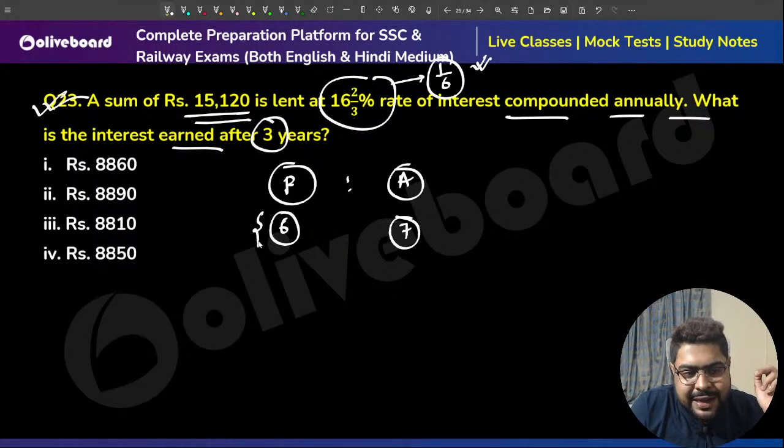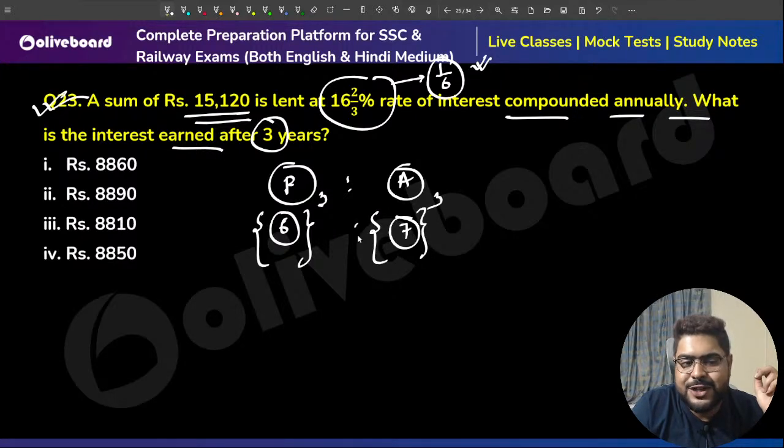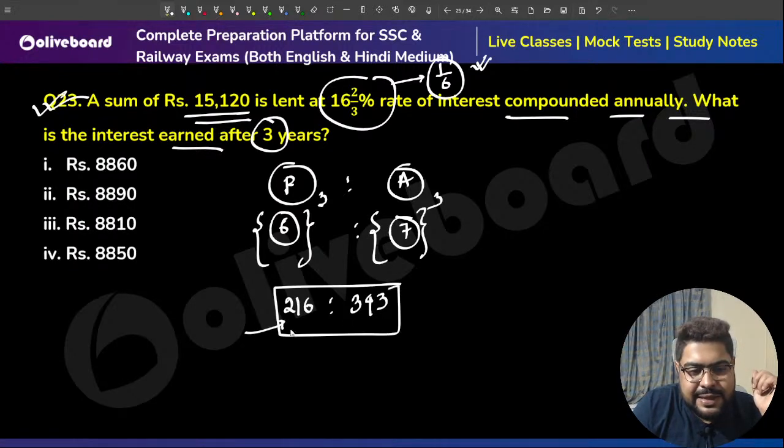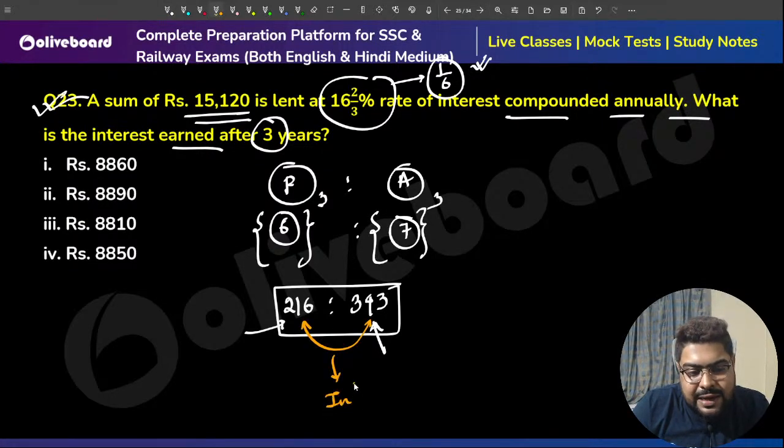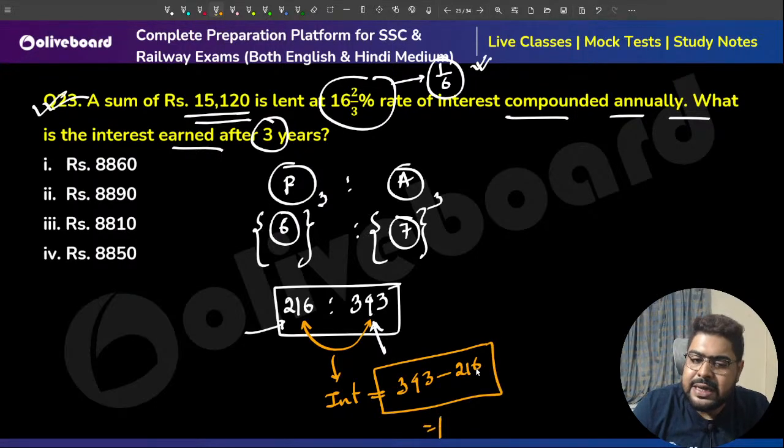So after 3 years, you can take this cube as your ratio. So it is 216 ratio 343. This is principal, this is amount. Now what is the interest? Interest is 343 minus 216 units. 343 minus 216: 127 units.